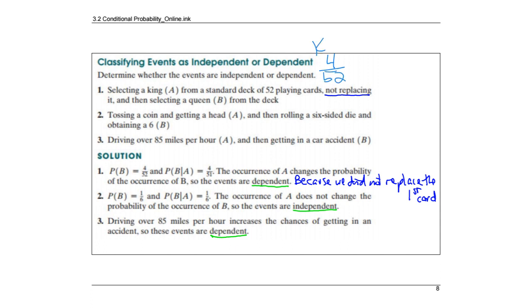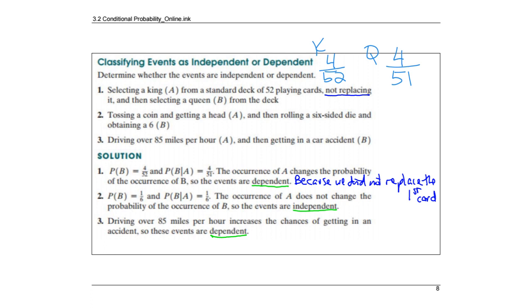So the probability would be 4 out of 52. But now they say not replacing that card. So we take that king, we put it in our pocket, we don't replace it. So the problem is when we pick that second card, now we only have 51 cards to choose from because that other card's in my pocket. I still have 4 queens, so I still have 4 out of the 51 cards that I have left.